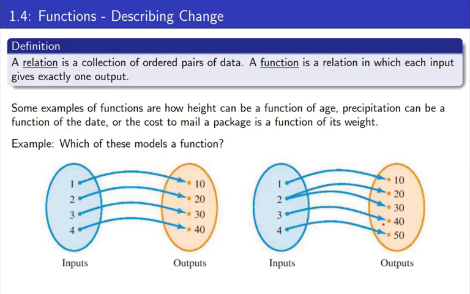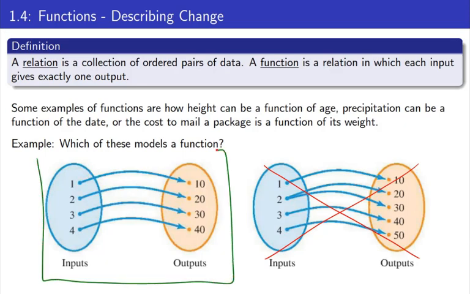So the definition is that every input has exactly one output. So with that said, this one cannot work because of this 2 mapping to both 20 and 30. That means that our correct answer must be this one, because this one has each input giving exactly one output.